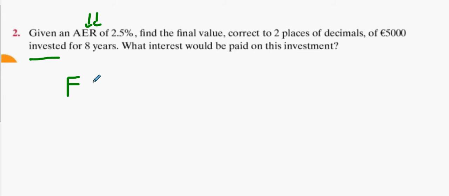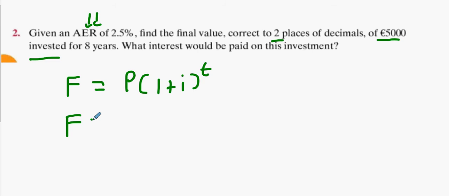F is equal to P(1 + I) to the power of T. And what we have here is, to two decimal places, find the final value invested for T years. So let's do this. F equals P. P is 5 grand. 1 plus I. Now what's the I value, lads, in decimals?